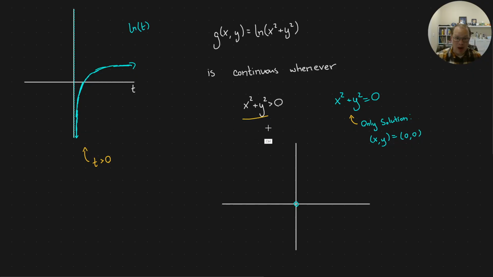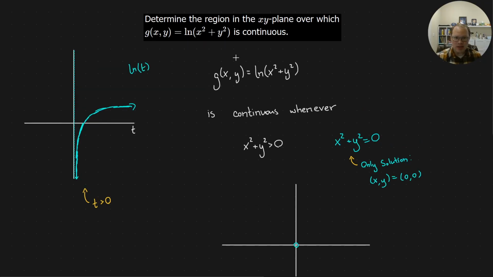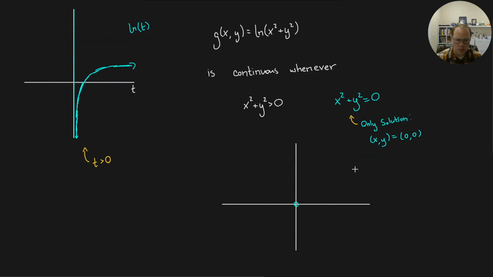Okay? It will be positive unless x and y are both equal to 0. So our region, if we draw it out, and usually for a problem like this, determine the region in the xy plane over which the function is continuous, the best way is to sketch out the region in which you are working. So here we're looking at this from above.